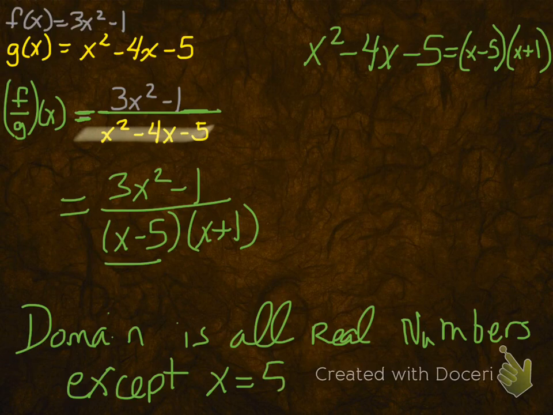So x can't equal 5. And if I put a negative 1, the second term would be 0. So x can't equal 5, or x can't equal negative 1. So those are my two spots that x can't equal.